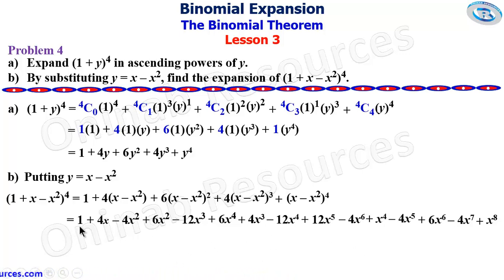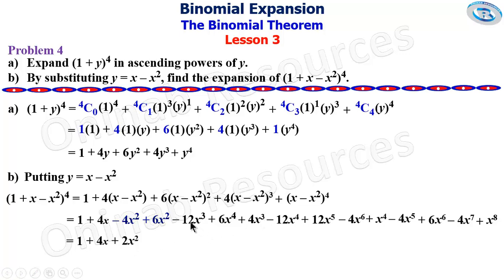So the first term here is a constant. The second term is just 4x, it is alone. The third term, the power 2, so we have this as having the same power. We simplify them. Minus 4 plus 6 gives 2, so we have plus 2x squared.